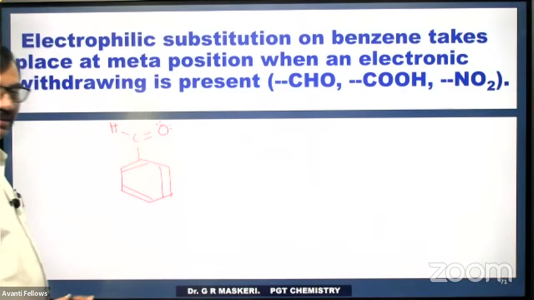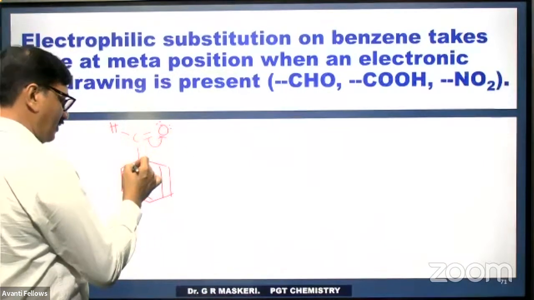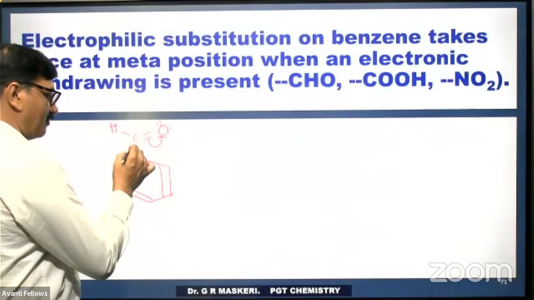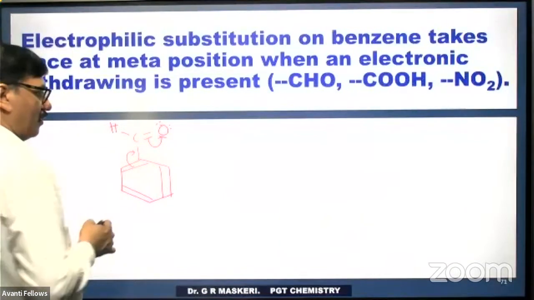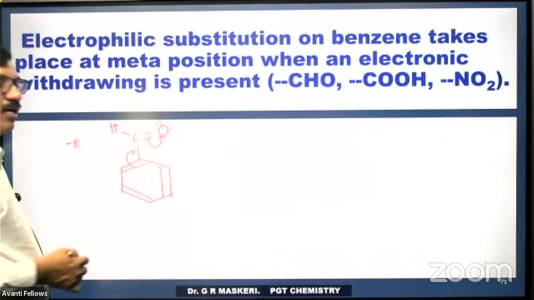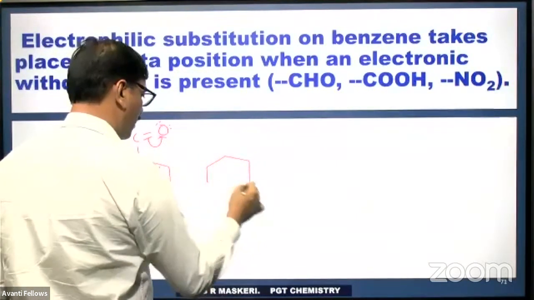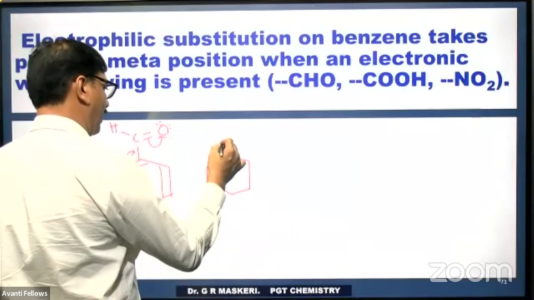What is the reason? It is because this electron is shifted and this electron is shifted, right? This is due to the minus R effect, the resonance effect. And due to the resonance effect, what is the change in the benzaldehyde?